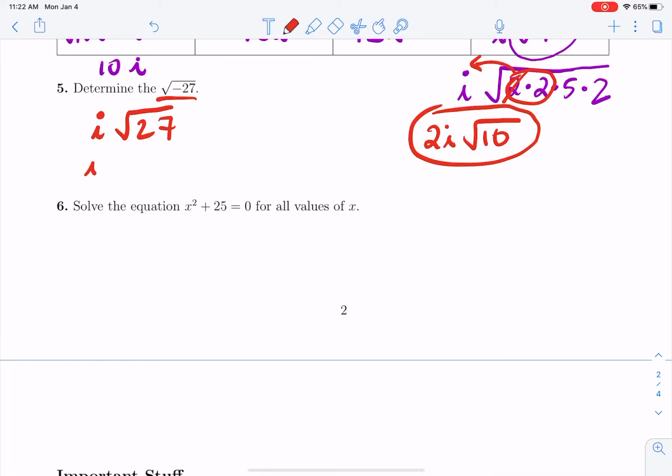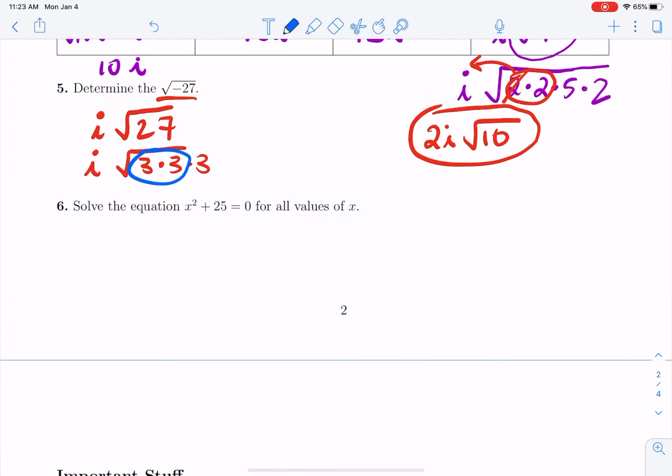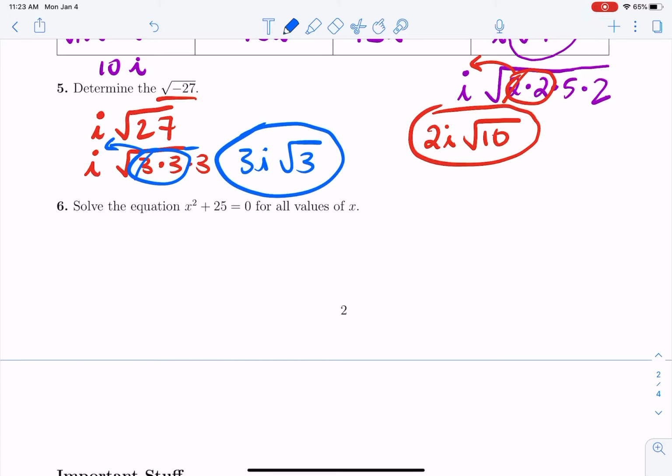Now I can break 27 down into 3 times 3 times 3. Then using my jailbreak method, I circle 2. 2 try to escape, but 1 dies in the process. So I have 3i square root of 3. And that's my answer for that question.